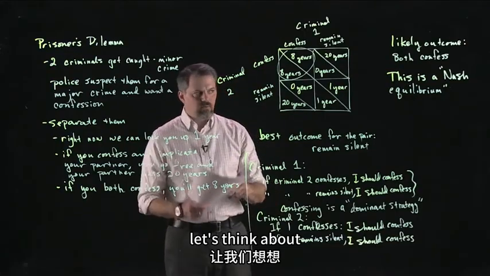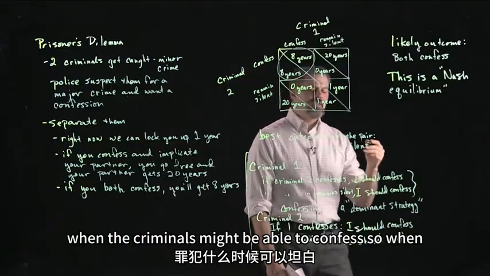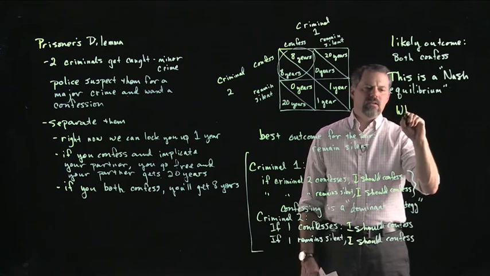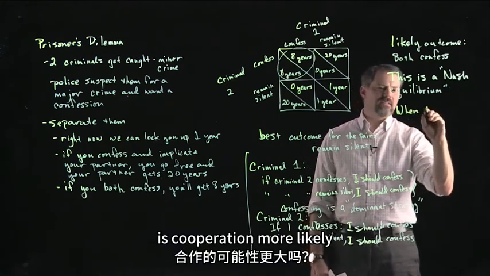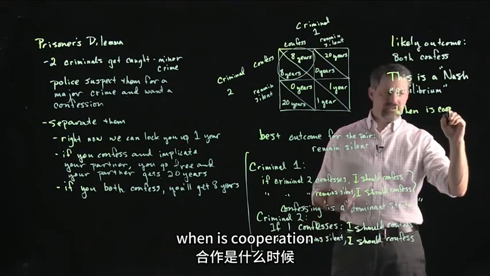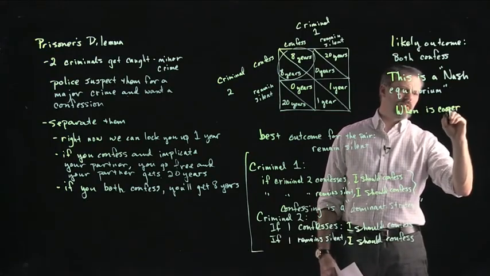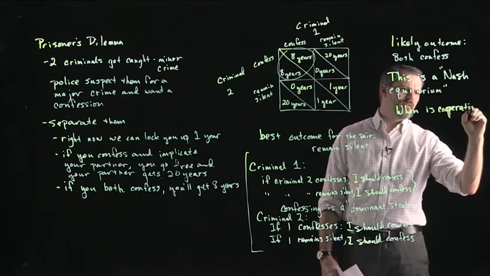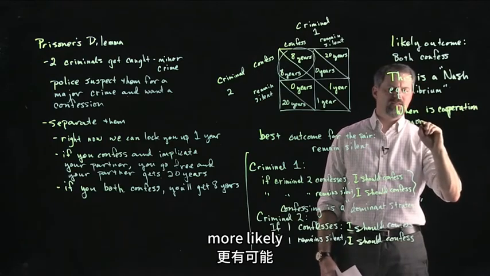Let's think about when the criminals might be able to cooperate. So when is cooperation more likely?